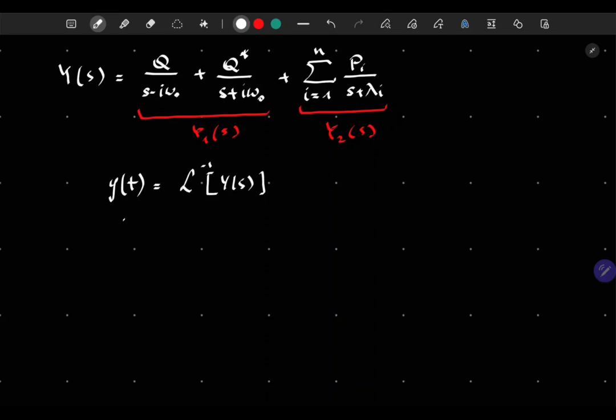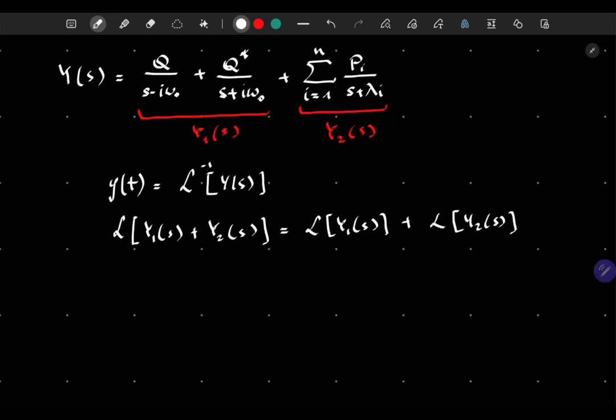Remember that the Laplace transform is linear, so the transform of y1 plus y2 is the sum of the Laplace transforms. So for the term y2, we immediately find that, applying the properties of the Laplace transform, we can inverse transform the sum in y of s.